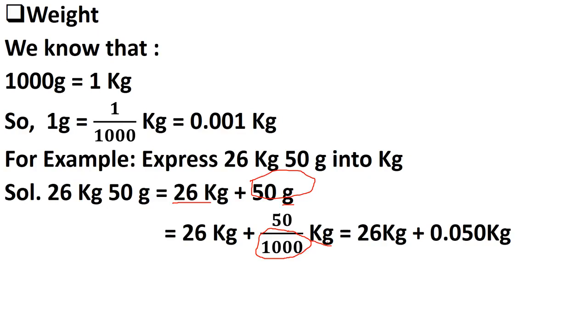So decimal will come before 3 places, starting from your right hand side. 1, 2, 3. So decimal will come here. It is 0.050 kilogram. Now add these both. 26 kilogram plus 0.050 kilogram, which is equal to 26.050 kilogram.